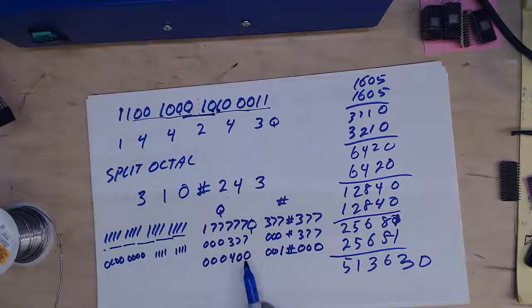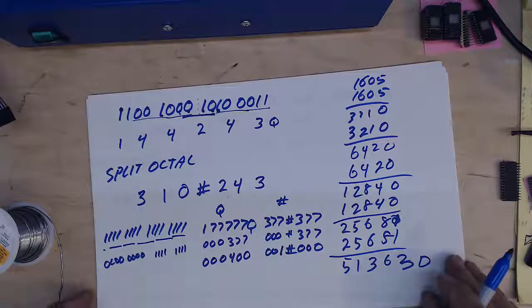Okay, so this rollover, instead of 377, the next number above 377 in octal is 400, but in split octal, the next number above 377 is 001000. So that's the difference between octal and split octal.